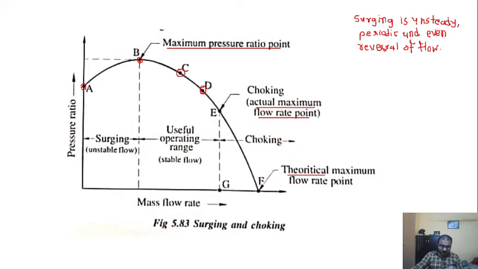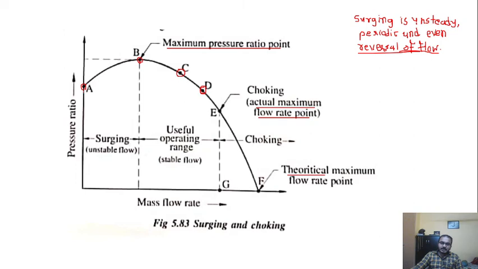And here there is a higher pressure at the downstream than the discharge point. So what happens because of this, there can be a reversal of flow. As I have written over here, there can be a reversal of the flow, and once this flow is reversed, it may return to its normal position towards this curve from left to right.